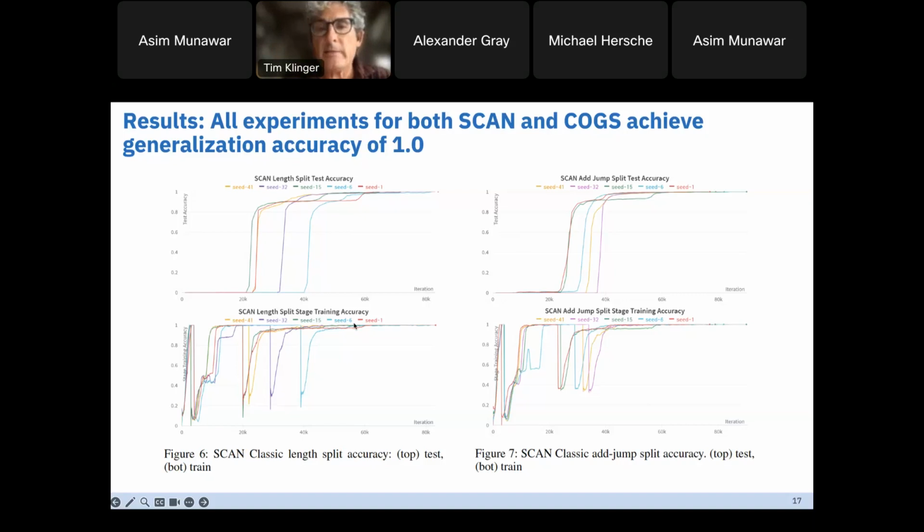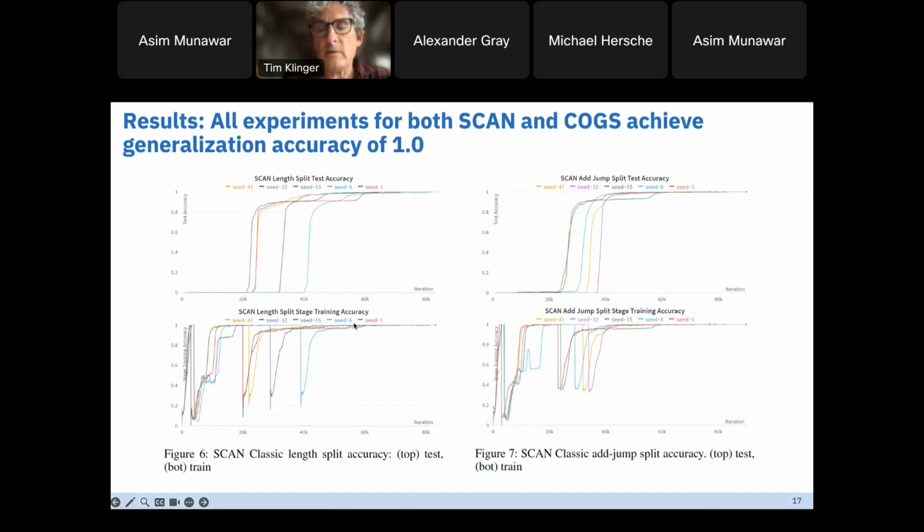And on the right, you see test accuracy, which achieves, in all cases, 1.0 test accuracy. But what you're seeing here is basically that it's getting to that point from having only seen 20,000 examples total. Very, very fast learner.